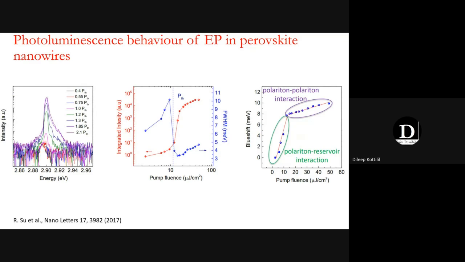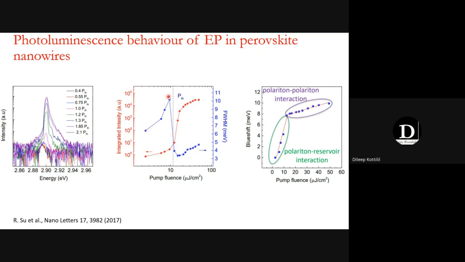Then, as you reach a certain threshold pump laser power, the spectrum will start to lase. And that lasing is what you see here. If you increase the pump power beyond the threshold power, you will start to see a peak arising around 2.9 eV.